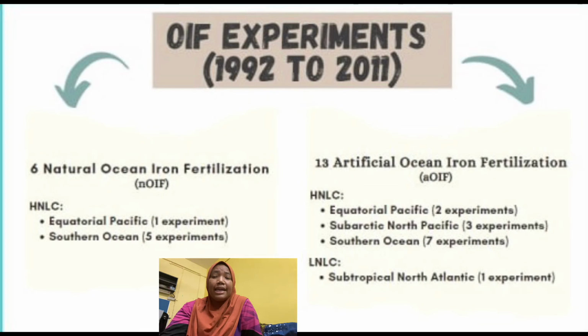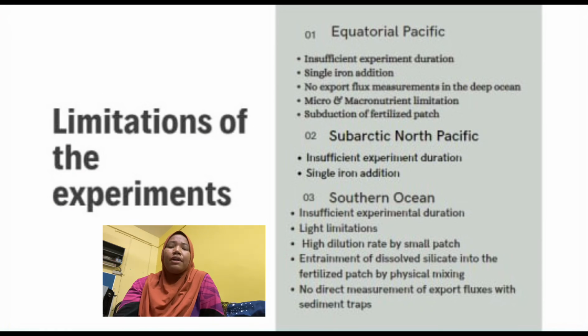So from this slide, throughout the ocean iron fertilization experiments from 1992 to 2010, there is a total of 6 natural ocean iron fertilization experiments and also 13 artificial ocean iron fertilization experiments. However, every experiment has its own limitations.